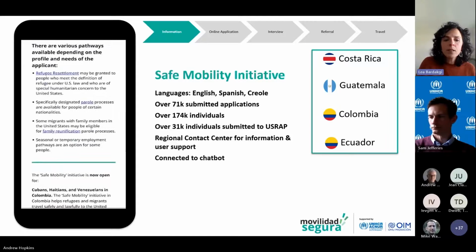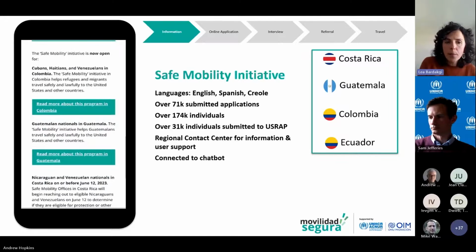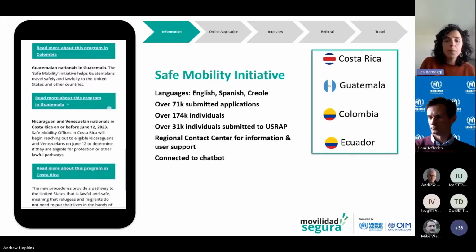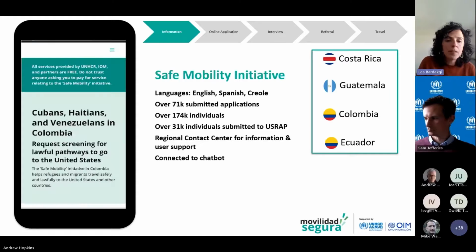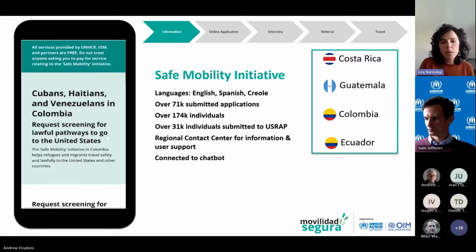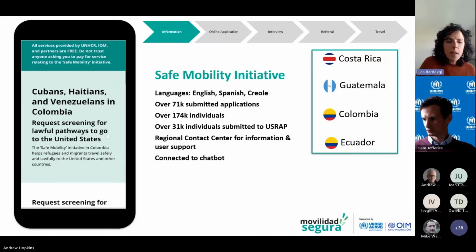And to support this, a regional contact center was set up in Panama so that people can have information about the initiative and also receive support on how to use the portal. It's available in 3 languages, in English, Spanish, and Creole. So what you see here on the screen is a little bit of what the interface looks like. Next, please.